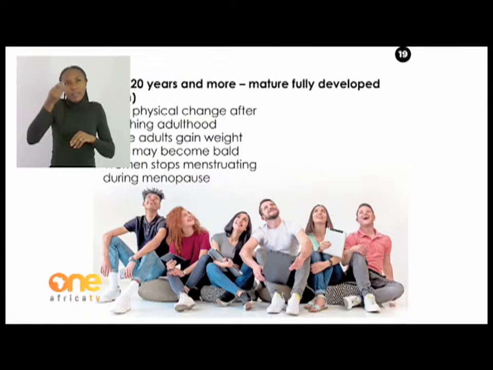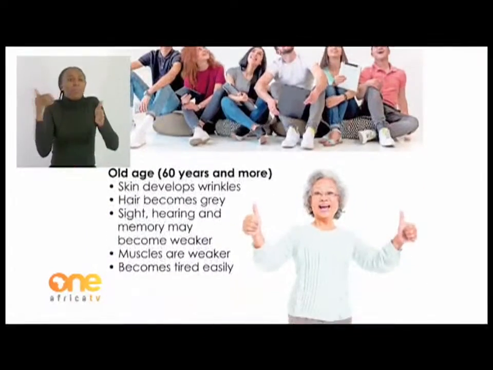The only thing that normally changes with them is the body size. They either become bigger or a little bit smaller. Okay? Men may become bald, and at some stage also, women stop menstruating during menopause. Some of these things we are also going to learn deeper about as time goes.